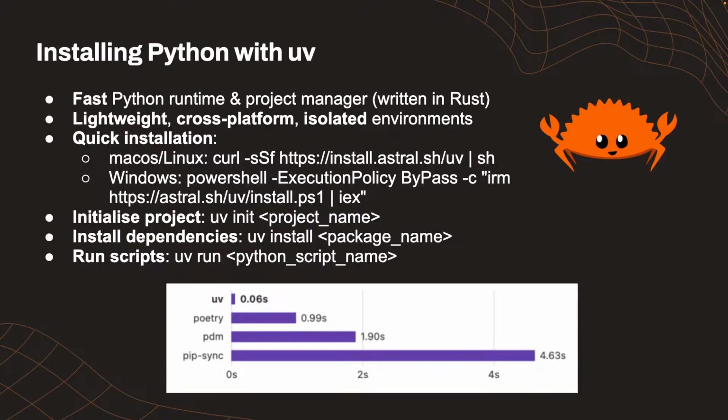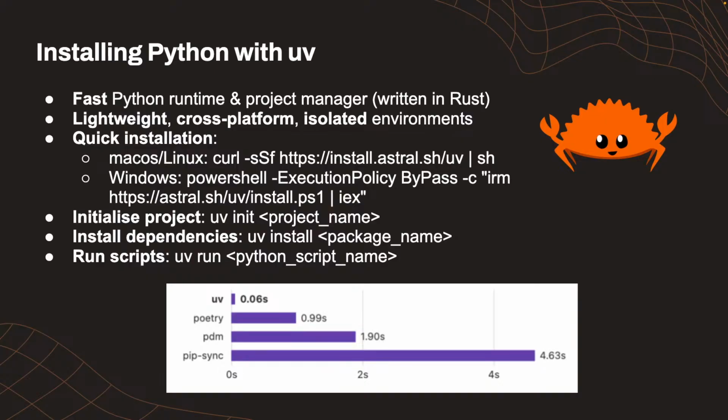In order to install it, it's way easier than the other installation methods. You can just run that command for macOS or Linux, or the other PowerShell one for Windows. Then, similar to the typical Python and pip setup, there are slightly different commands for UV. You can initialize a project by using UV init and then the project name you want.